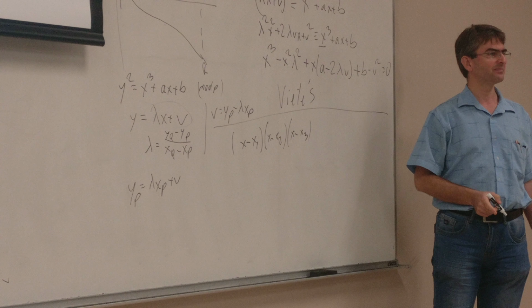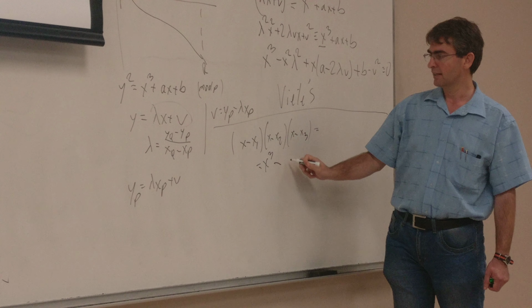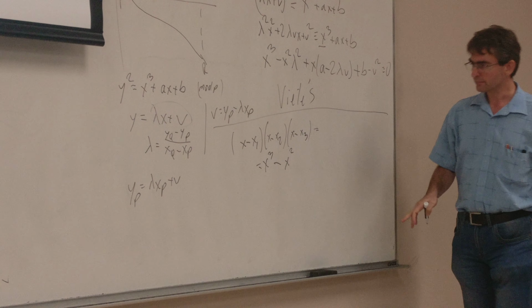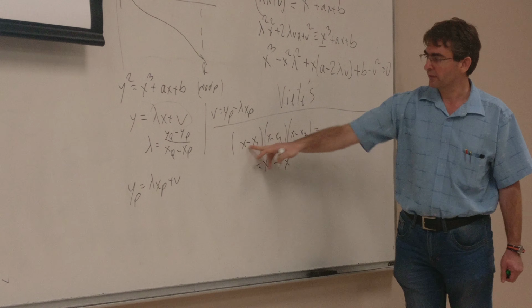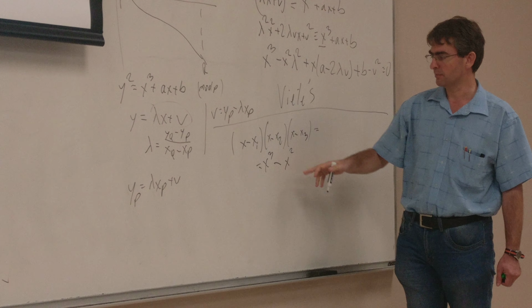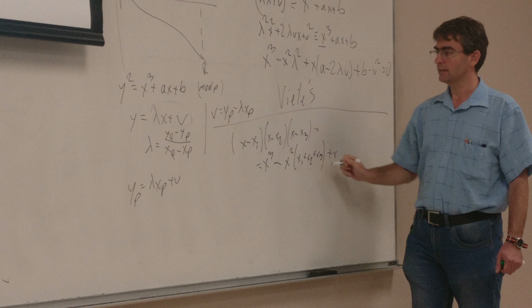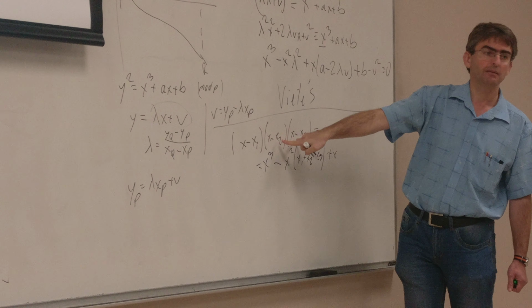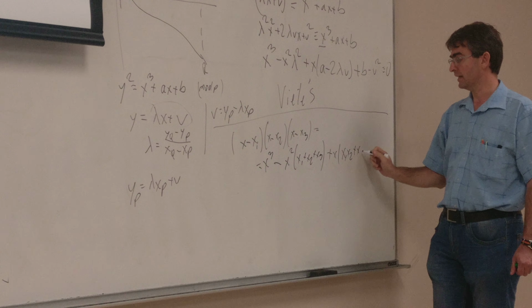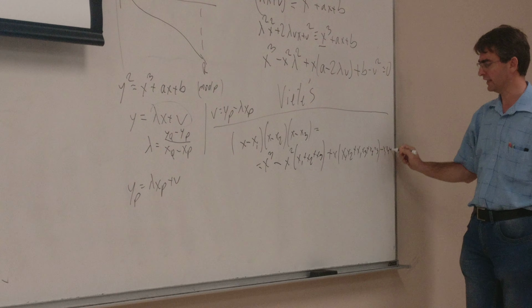Therefore, you can decompose this and it is equal to x cubed minus x squared times (x1 plus x2 plus x3), plus x times the possible products of 2, x1x2 plus x1x3 plus x2x3, minus x1x2x3, equals 0.